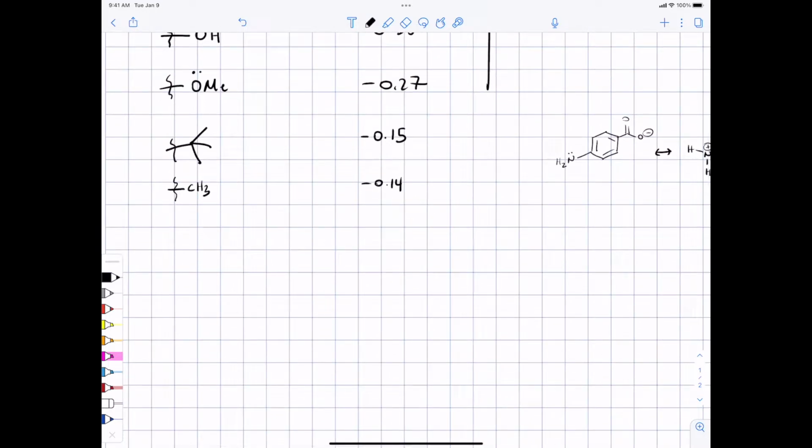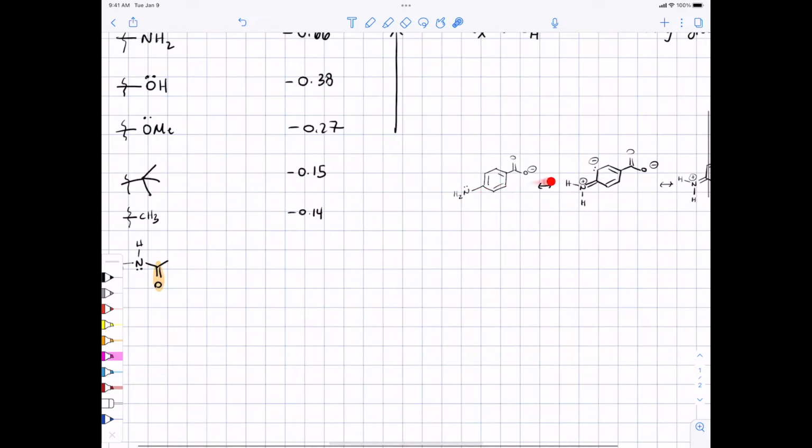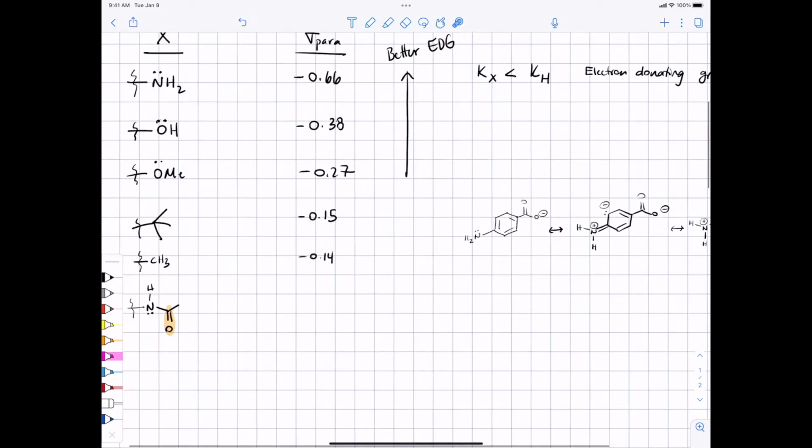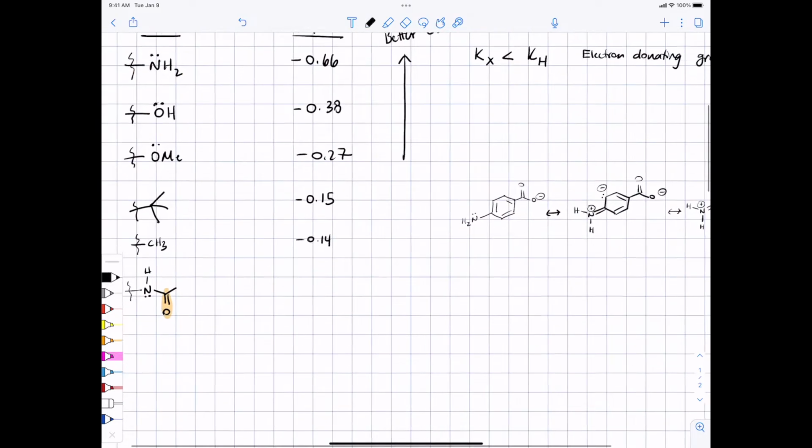Interestingly, if we take the amino group and instead convert it to an amide, the presence of this nearby carbonyl sort of ties up these lone pairs in resonance and prevents them from being as good at donating into the benzene ring as they were with the unmodified amine.